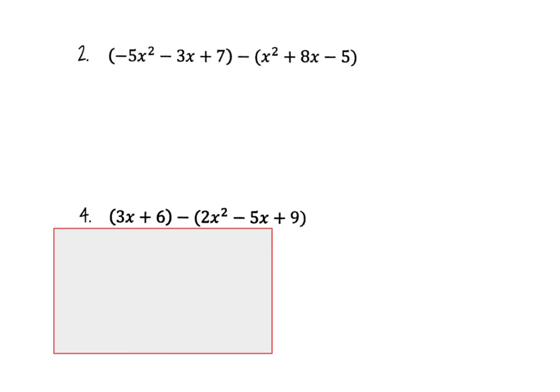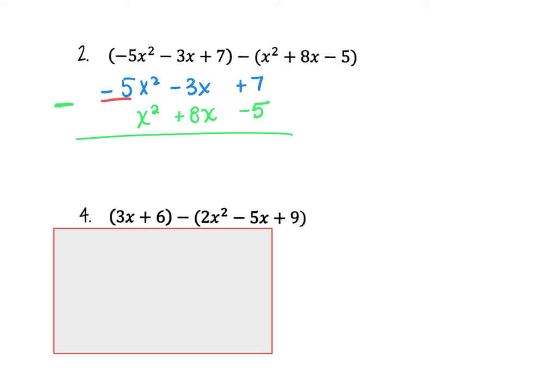So look at that example in your handout. I have negative 5x squared minus 3x plus 7. I am subtracting x squared plus 8x minus 5. I am subtracting here. So you have to consider negative 5x minus 1.